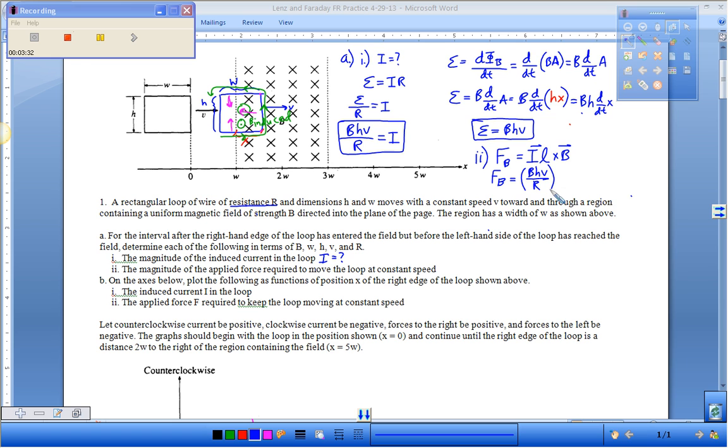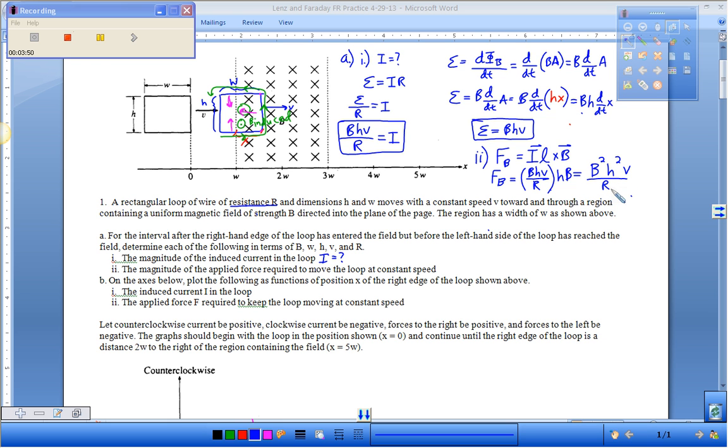The length that I care about is the height H. And the magnetic field that I'm being placed in is B. So all of those things work. It looks like I have an answer of the magnetic force is B squared H squared V over R.